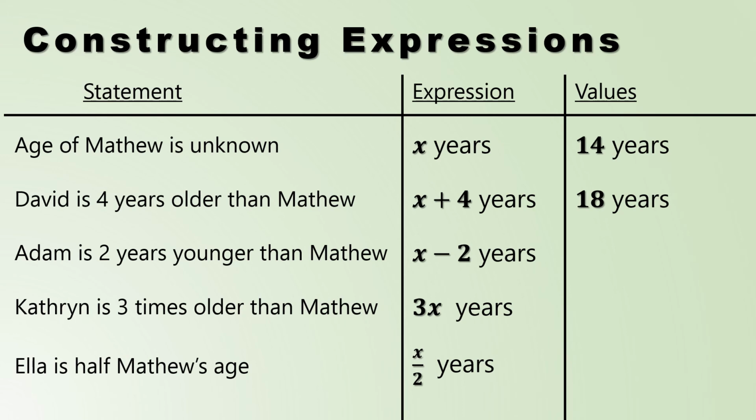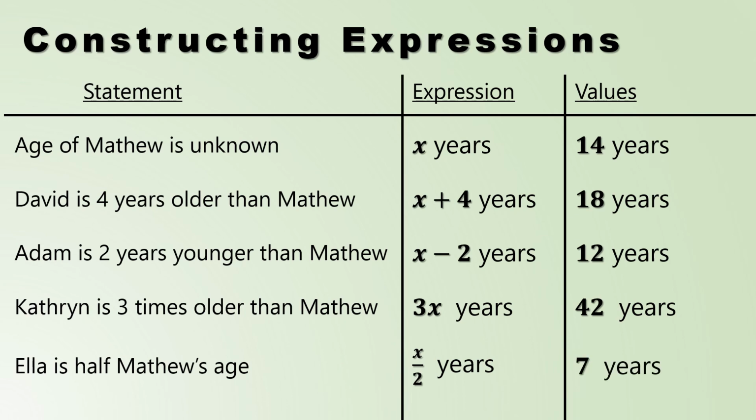The age of Adam, which was x minus 2, and we know the value of x now is 14. So 14 minus 2, the age of Adam is 12 years. In a similar way, the age of Catherine is 3 times 14, that is 42 years. And the age of Ella is 14 by 2, that is 7 years.